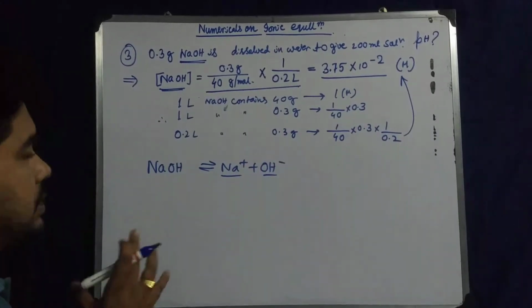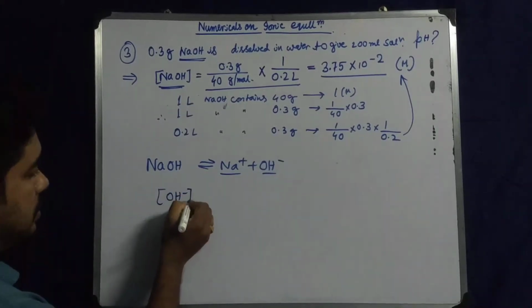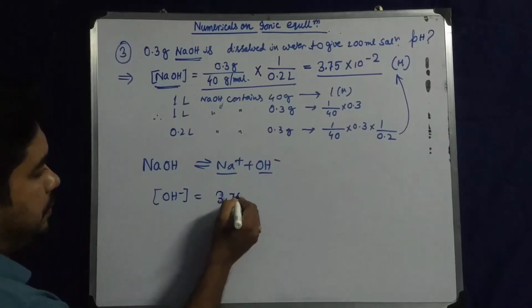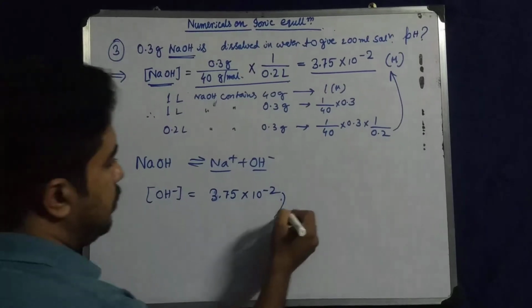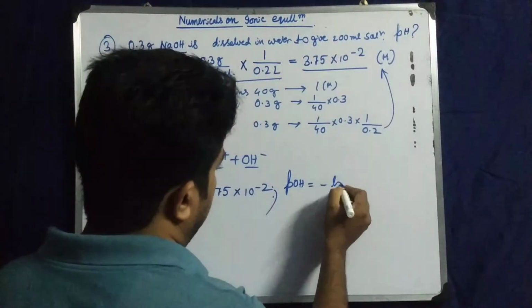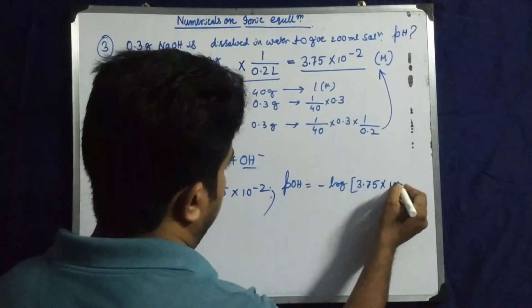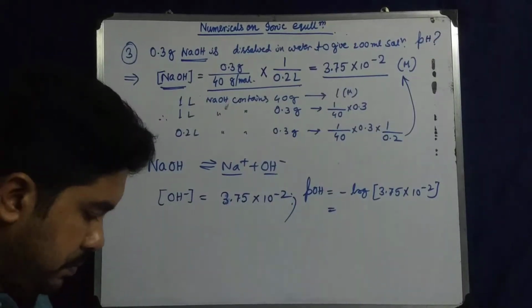So the whole concentration of NaOH implies the concentration of OH minus ions. So the concentration of OH minus ion is the same, 3.75 into 10 to the power minus 2. So obviously we can calculate the pH over there. pOH will be minus log of 3.75 into 10 to the power minus 2. Let me calculate it. How much will it be?